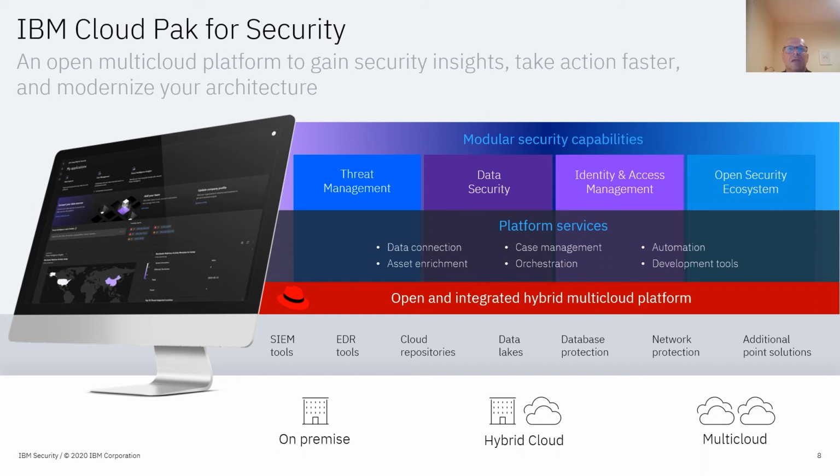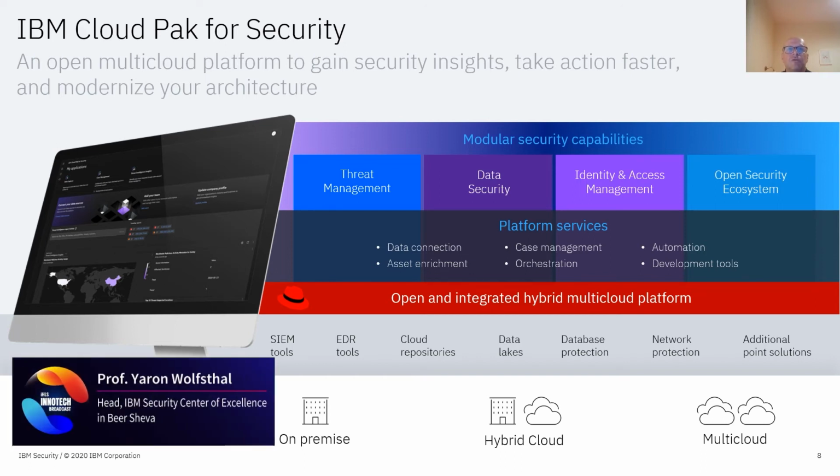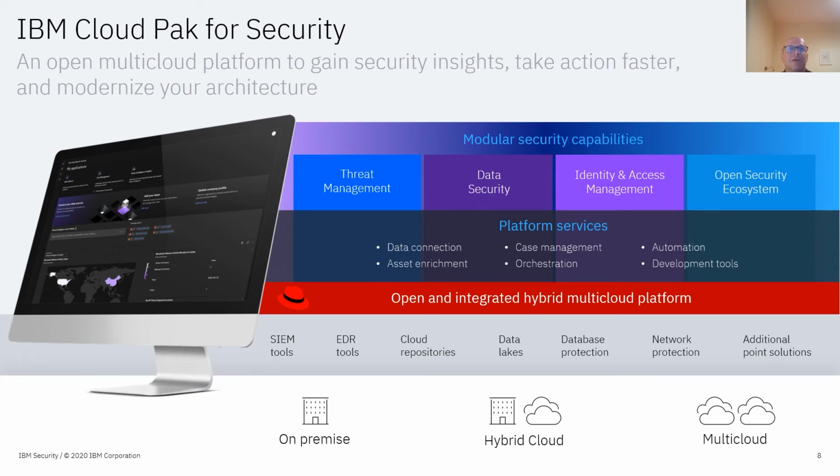This way, Cloud Pak for Security helps promote open and interoperable security, supporting the tools you already use or may use in the future. And as I said, Cloud Pak for Security is pre-integrated with Red Hat OpenShift, giving users the flexibility to deploy and run it anywhere, on-premise, in private cloud, or a public cloud, so users can choose what is right for their organization.